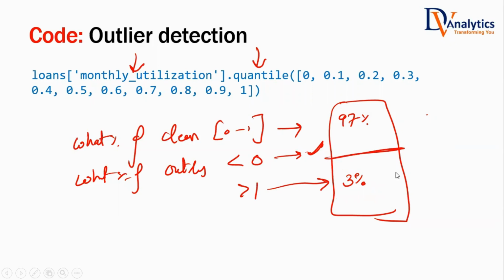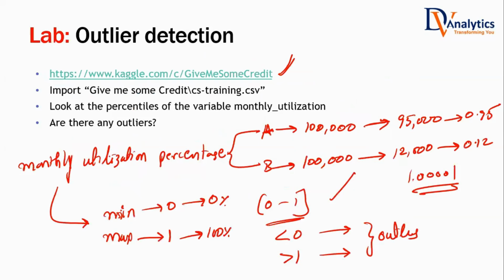Sir, I have a question. Yeah, please go ahead. This data which is coming, is it a percentage or a value? How will we know which variable that is? It depends on the variable. Which variable is this? Monthly utilization percentage, right? Without seeing the data, how will we know? I have explained the whole data, right?